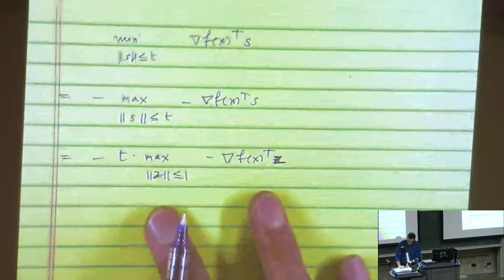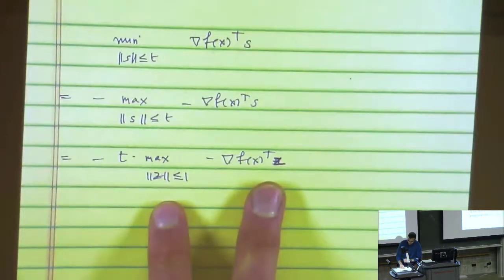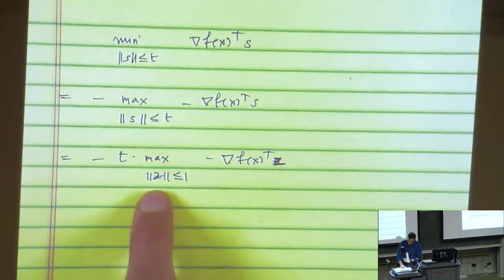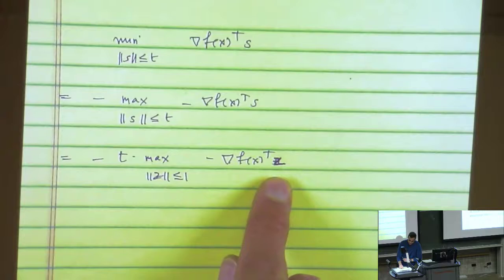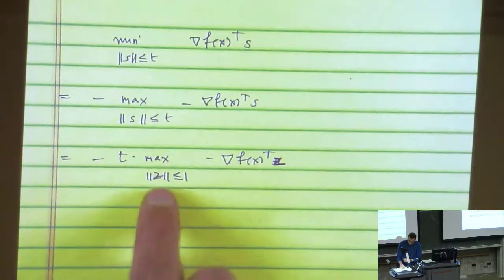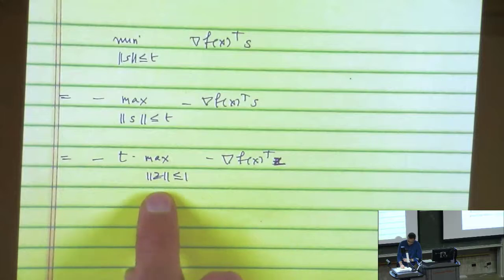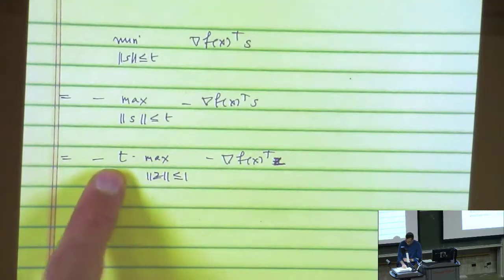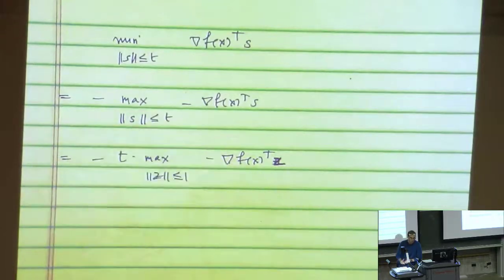So if I look at all points that have norm less than or equal to 1 of minus the gradient transpose the point z, then I can rescale this, right? Because this is a norm, this is just going to be equal to essentially 1 over t times what I got when I had the norm being less than or equal to t.